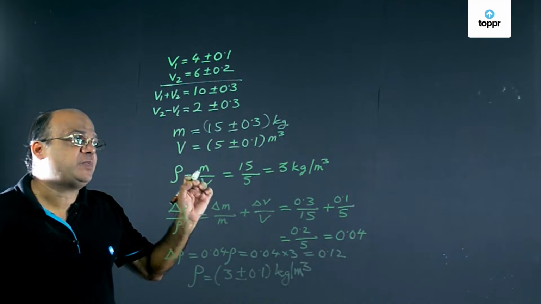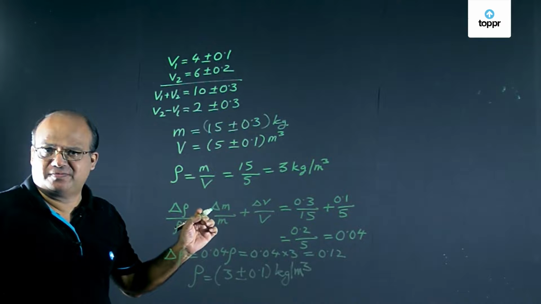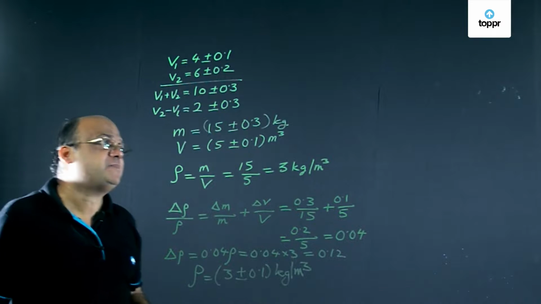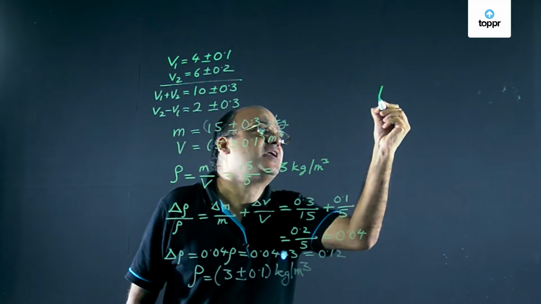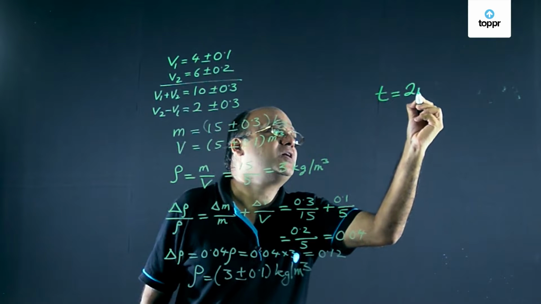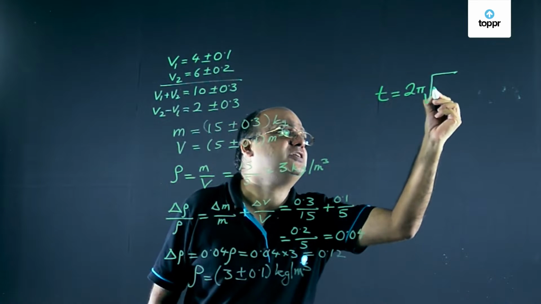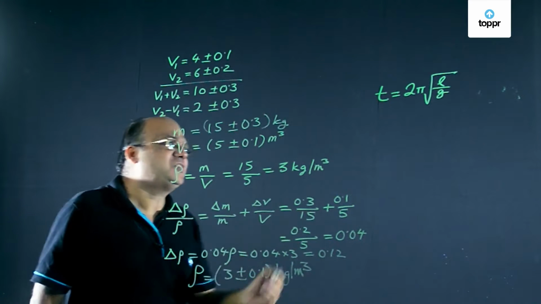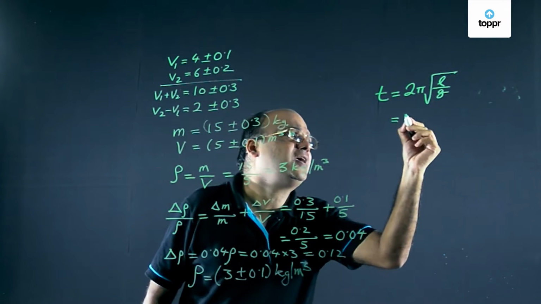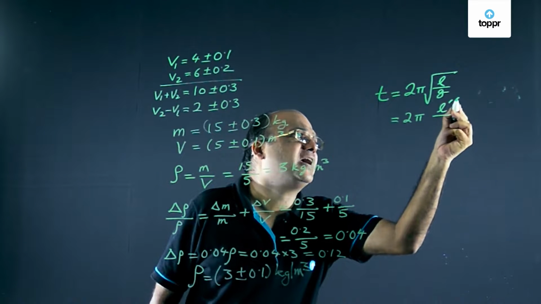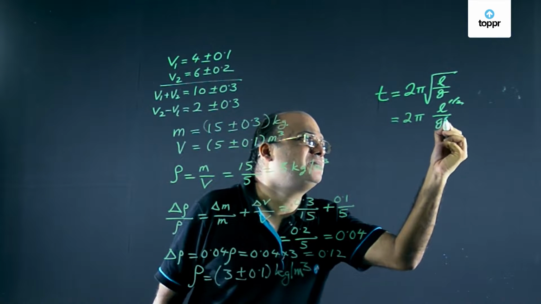Let us look at a problem involving power. We have learned that there is a famous equation for simple pendulum. Time period of a simple pendulum is given by 2 pi root over L by G. Right? All of you know this. So this is nothing but 2 pi L to the power half by g to the power half.